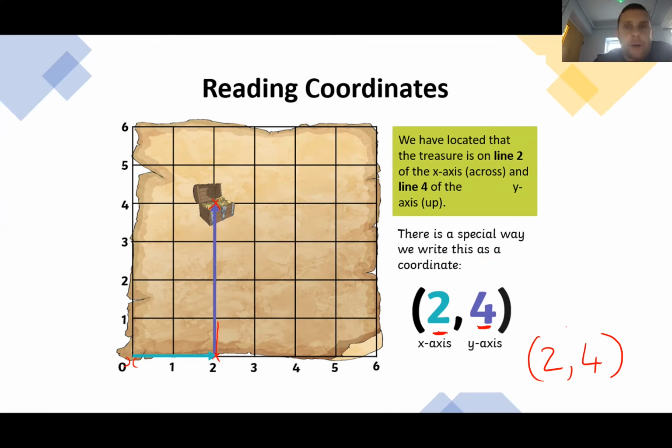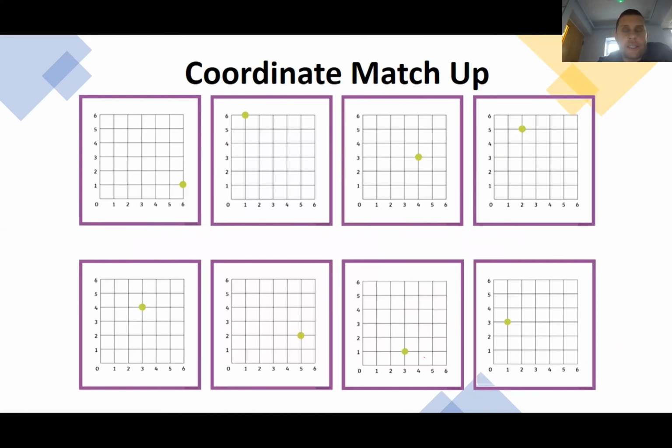Good. Let's have a go at a few together. So you've got several coordinates here. Let's look at the first one together. So tick by the first one. So remember, the first one we do is go along our x-axis, and you can write them on if you need to. So our x-axis goes along, we know that. So we go along the corridor, and the first number, let's look, is sat at number 6.